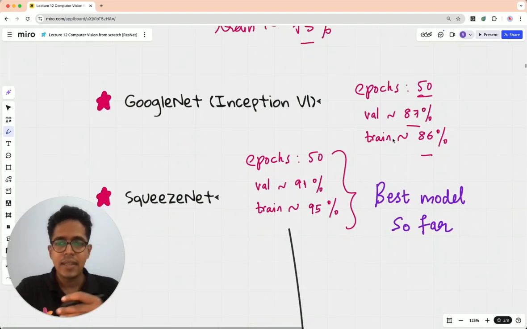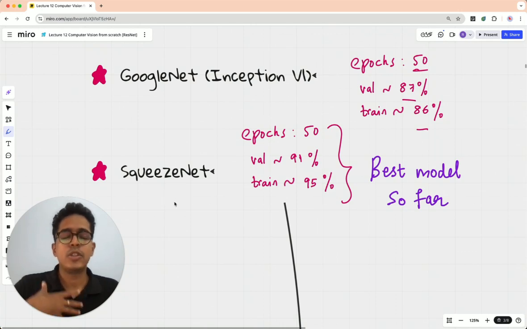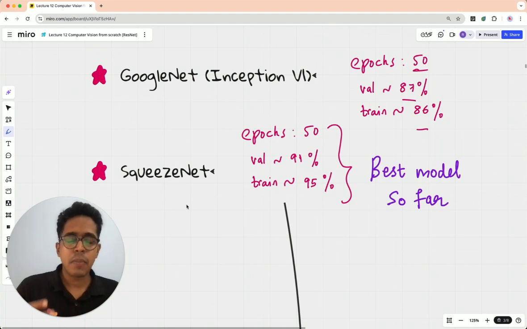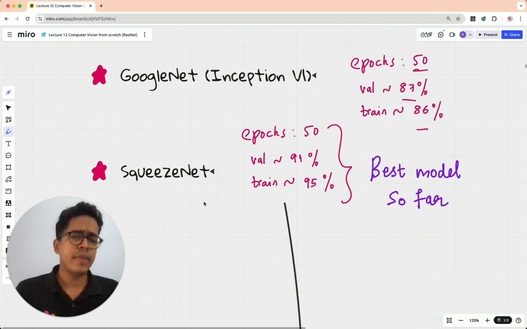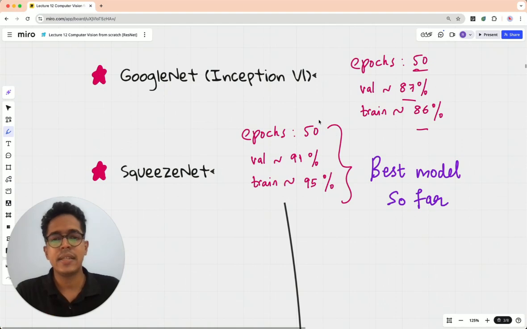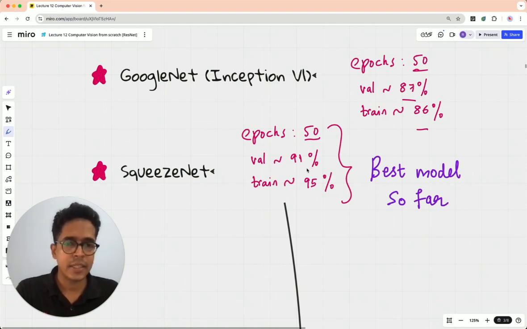Then in the last lecture, we switched to SqueezeNet, which had a very small number of parameters, less than 5 million parameters. And we realized that SqueezeNet for 50 epochs was performing even better than AlexNet for 10 epochs. AlexNet had around 90-94% accuracy for validation and training respectively. SqueezeNet also had similar performance. So this was the best model so far.